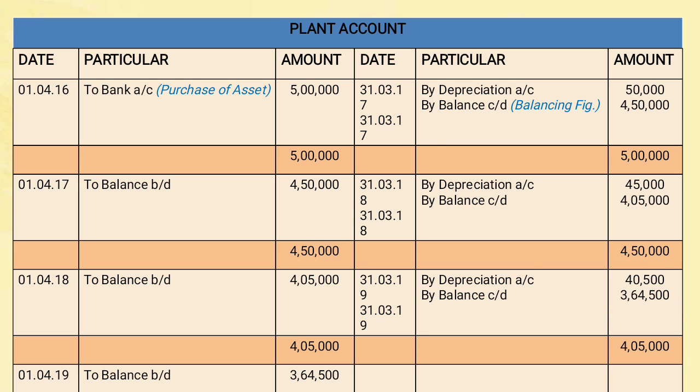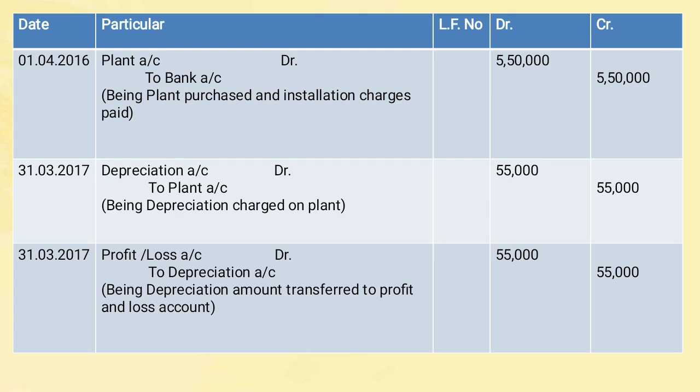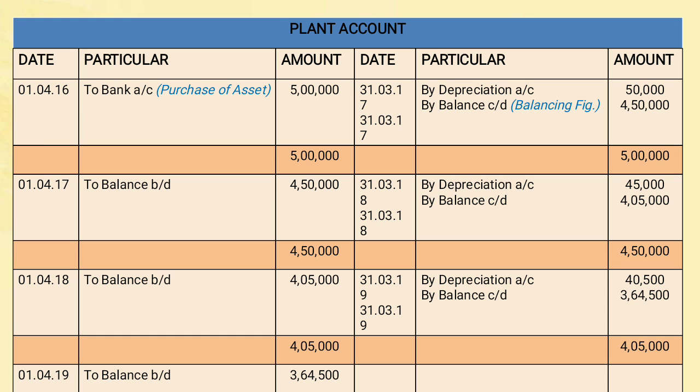So here our journal entries will be, in the first year when you purchase that asset, plant account debit to bank account 5 lakh. We have charged depreciation, so depreciation account debit to plant account 50,000, and this depreciation amount we transfer to the profit and loss account, so profit and loss account debit to depreciation account 50,000.